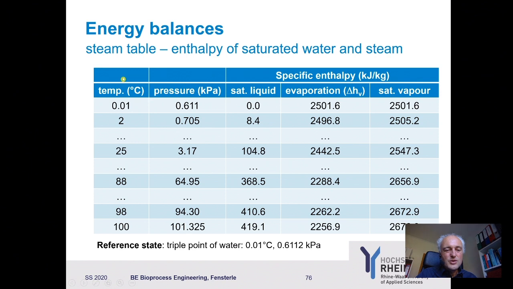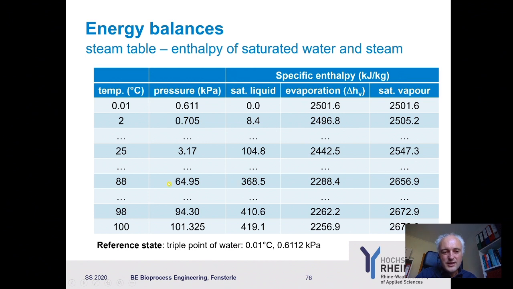You see here we have the temperatures, then the steam pressures, and the saturated values listed. We have the enthalpy for the liquid, the latent heat for the evaporation, and then the enthalpy of the vapor.